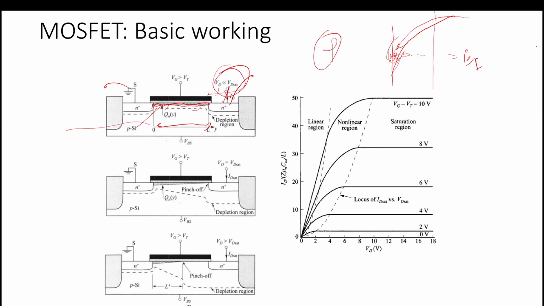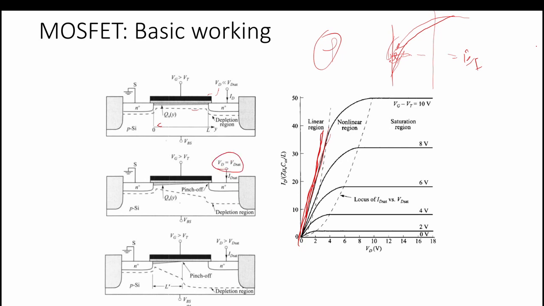When we vary the VD, the voltage between the source and drain, the current will rise linearly, as you can see in the graph, till a certain amount of voltage we apply. But what will happen if we apply a voltage where VD is equal to VD saturation?